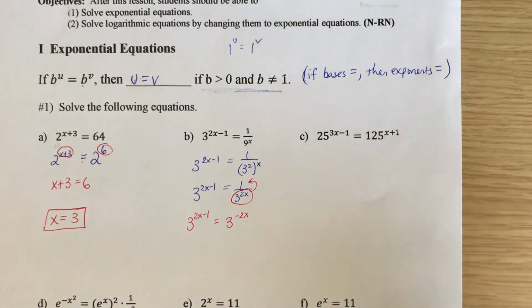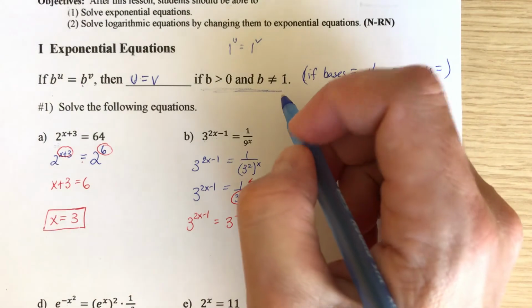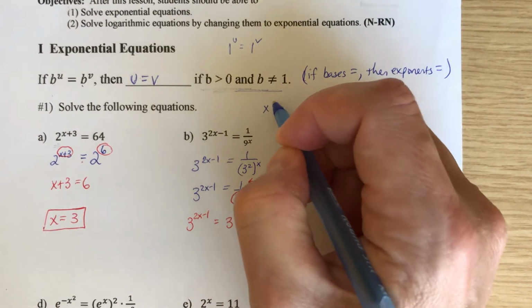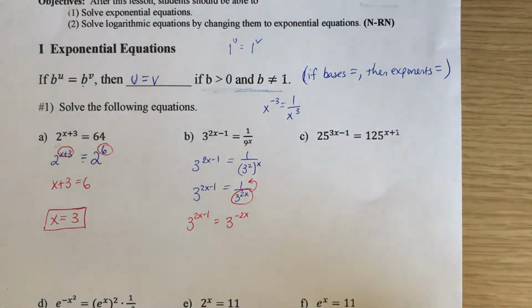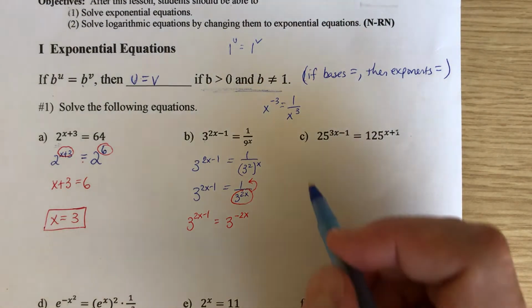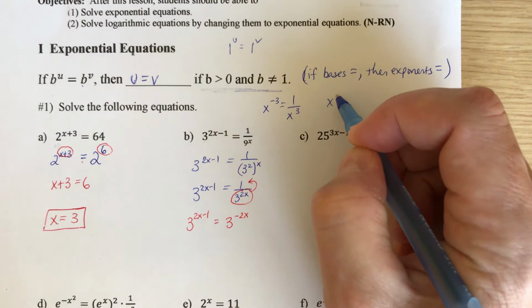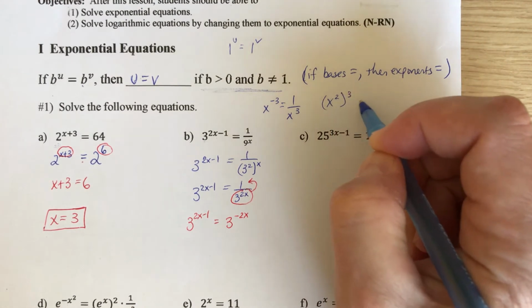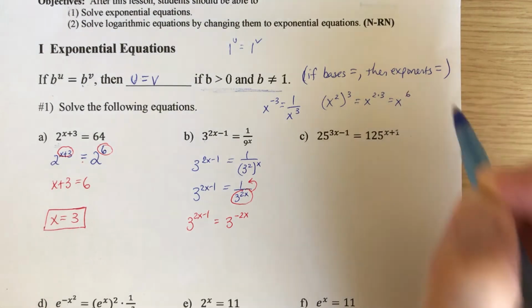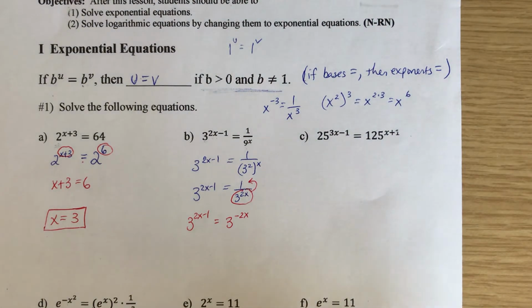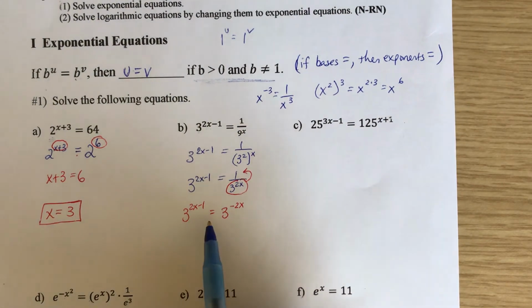Now what we're using there is this idea that, for example, x raised to the negative 3 is the same as 1 over x raised to the positive 3. The other rule was if we had x to the 2nd raised to the 3rd, we multiply those exponents and we get x to the 6th power. So we're using our exponent rules to manipulate this.